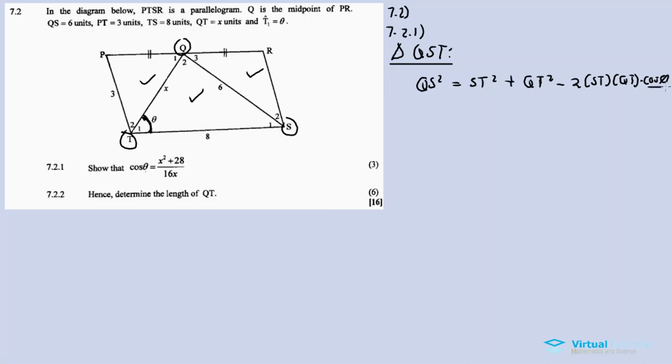So the idea here is to have cos theta, and in order to have cos theta, QS squared must be our subject of the formula. If there was another angle, maybe alpha, it's cos alpha equal to this, it means that TS squared would be the subject of the formula. If we were given another angle beta, then QT squared would be the subject of the formula.